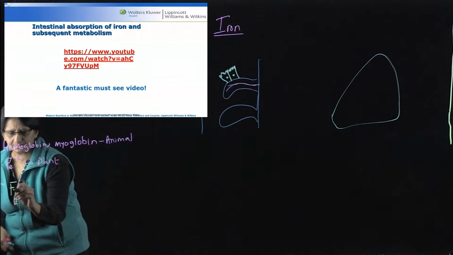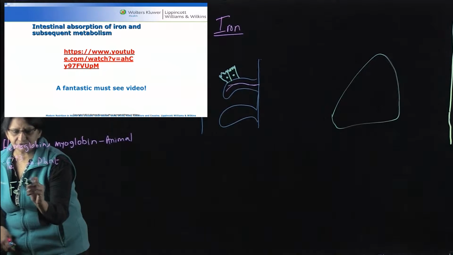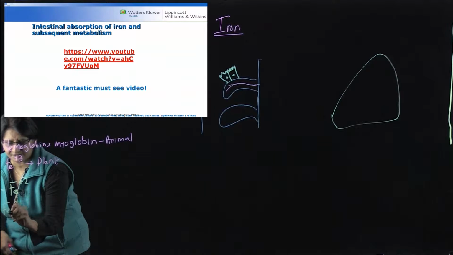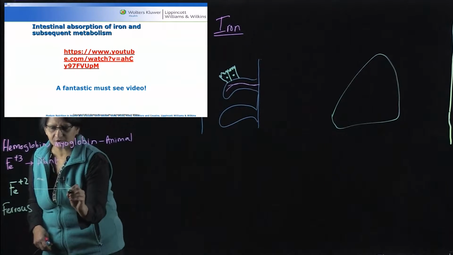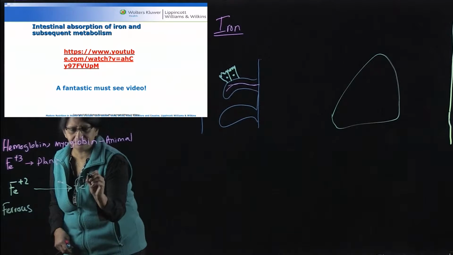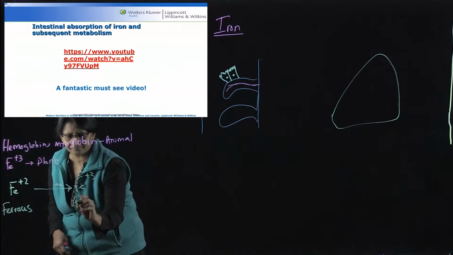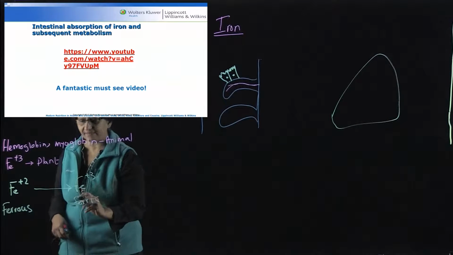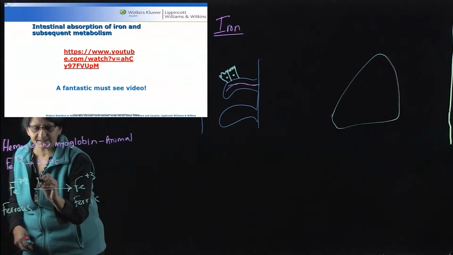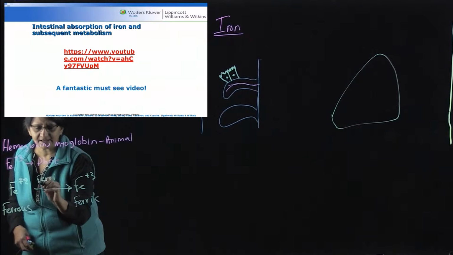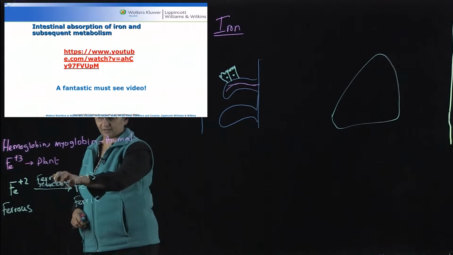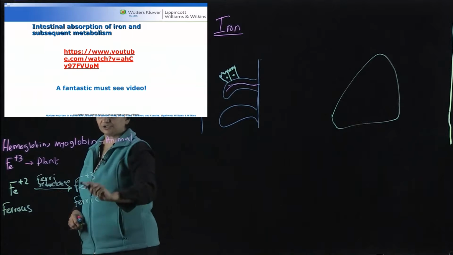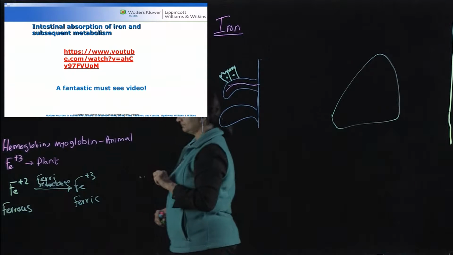This is Fe+2, which is called the ferrous form, and then there is ferric iron, +3, and then there are enzymes called ferrireductases that convert the ferrous iron into the ferric iron in general.